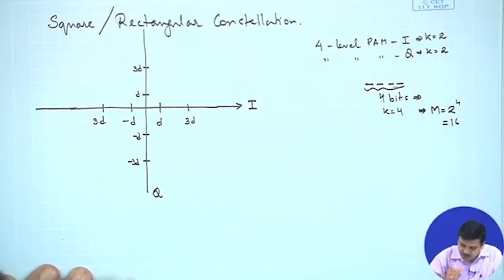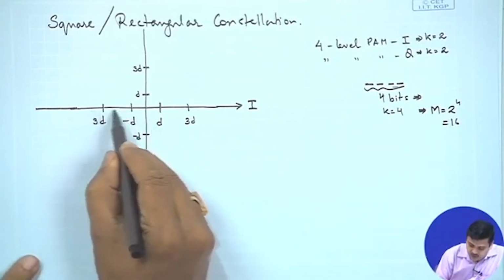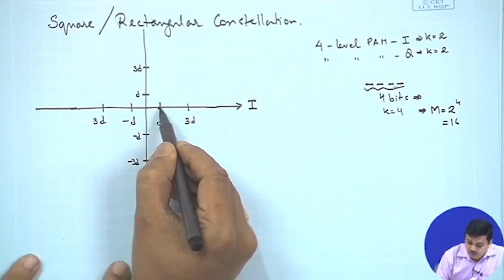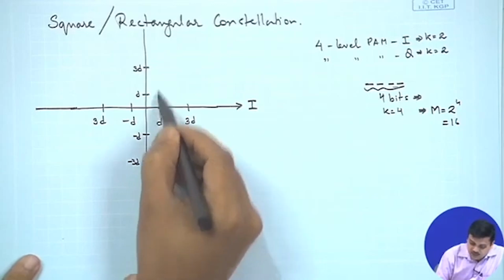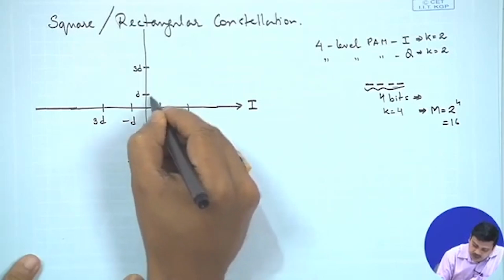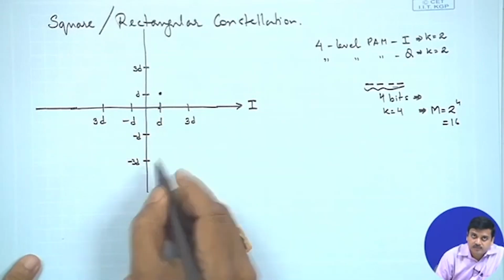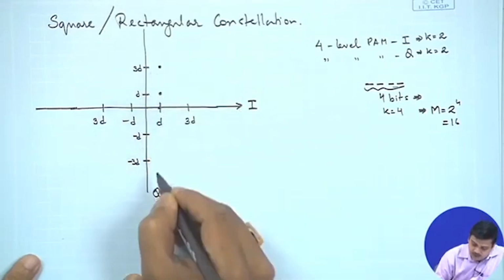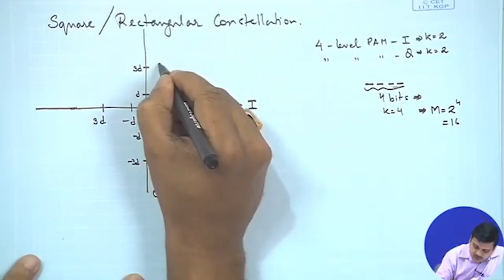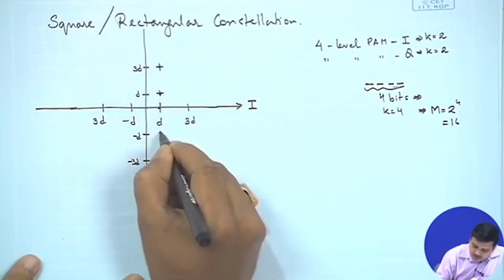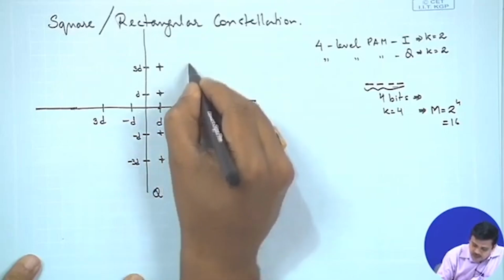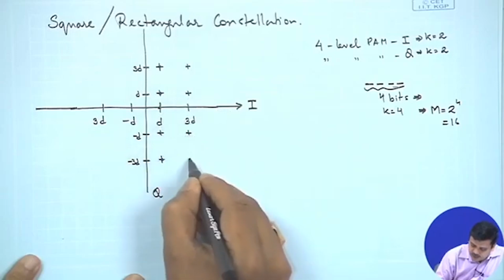So let us see whether we get it or not. When I select 2 bits on the I axis, let us say I have come to this d, I also have to select 2 bits on the q axis. So I could select all of these points, and then a combination of d and d would be a point here. Similarly, I will get a combination there, there, and there. So we are able to select all these possible points. When my I is 3d, I will again get these 4 possible points.